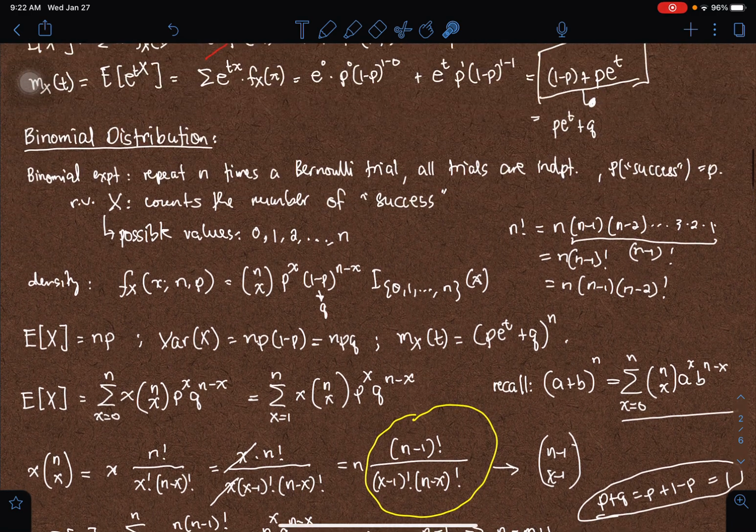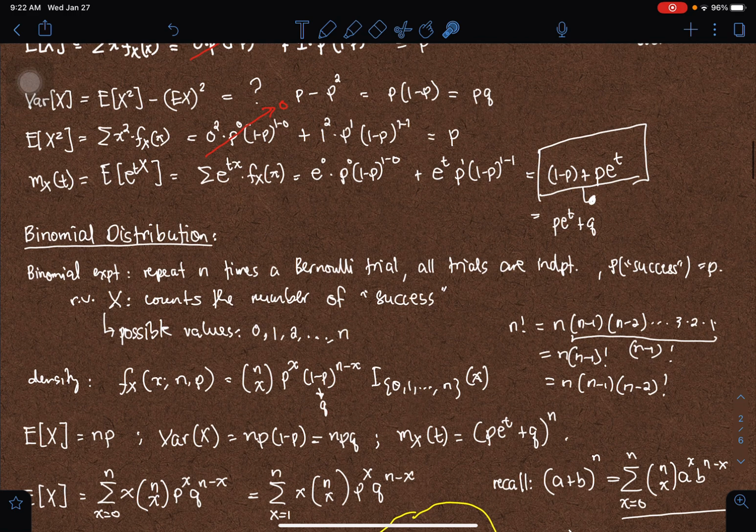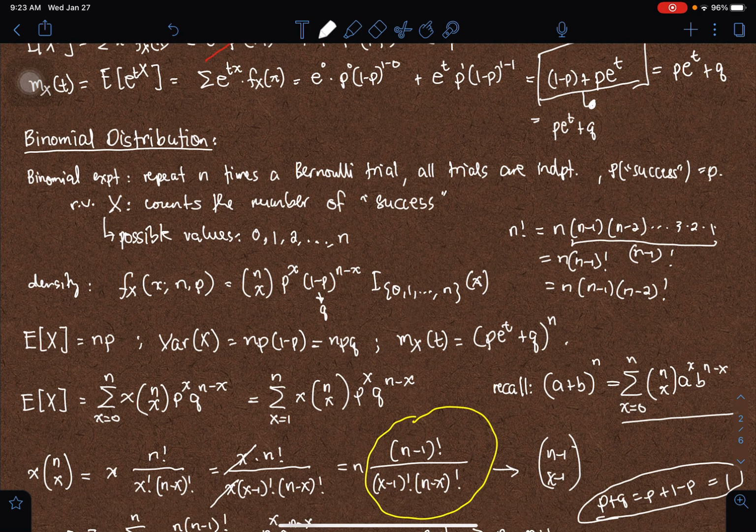If you notice, pe^t + q is just the moment generating function of the Bernoulli distribution. In the binomial distribution, the moment generating function is just the moment generating function of the Bernoulli distribution raised to n, where n is the number of times that we repeat the Bernoulli trial.